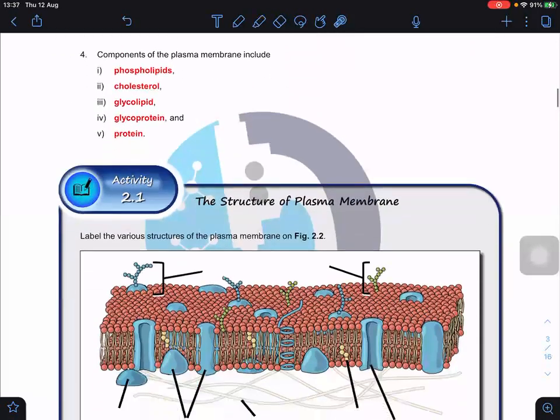The major one is the phospholipid molecule, followed by cholesterol, glycolipids, glycoproteins, and also proteins. In this chapter, we are going to look at their structure and functions, and how they contribute to the functions of the plasma membrane.